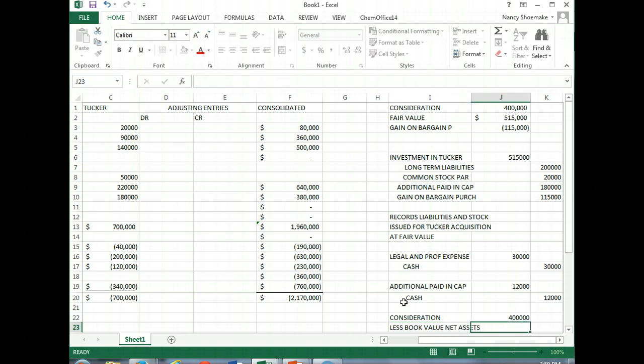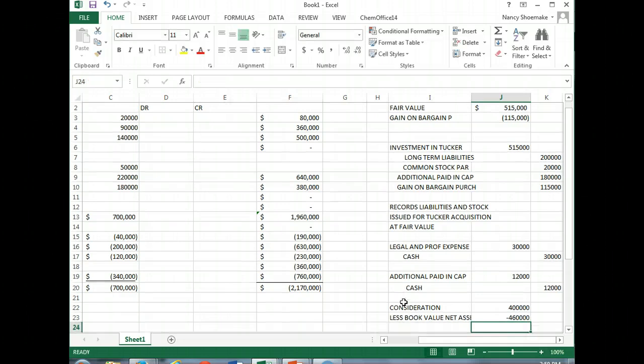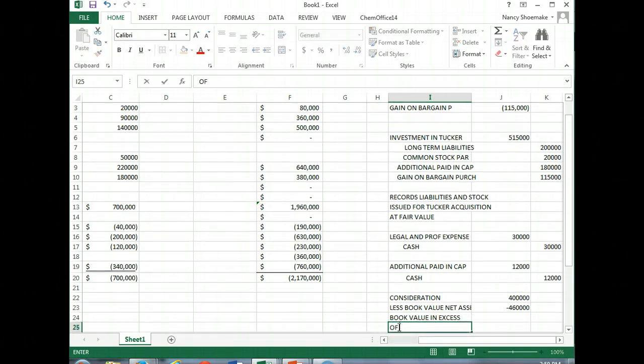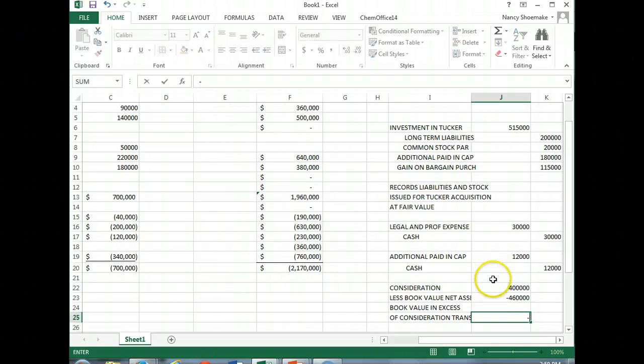You know what I mean by that. It's 460. So the book value in excess of the consideration transferred is 60,000. So that's 60,000 here. Okay? Minus 60.